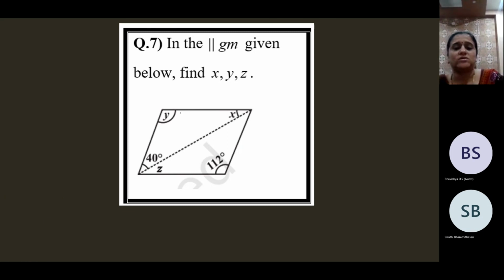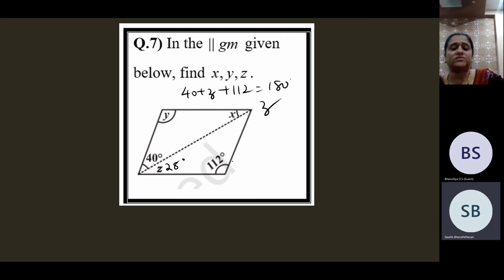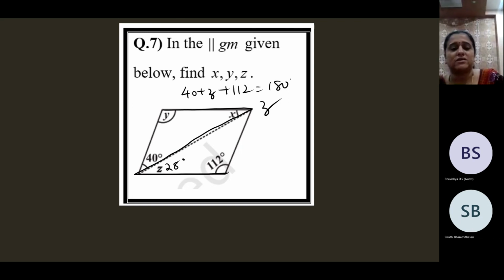So 40 plus Z is one angle, plus 112 is equal to 180. From this you can get Z. Z is 28 degrees. Correct. And next, Z and X form the alternate interior angles, ma'am. Correct. So parallel line, transversal, parallel line.